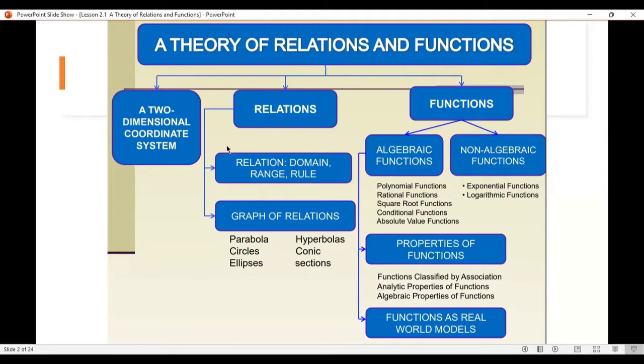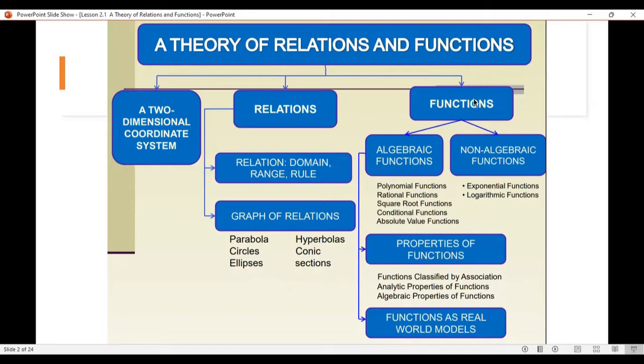Under relation, we have relation, domain, range, and the rule. Under relations, we have the graph of relations such as, for example, parabola, circles, ellipse, hyperbolas, conic sections.